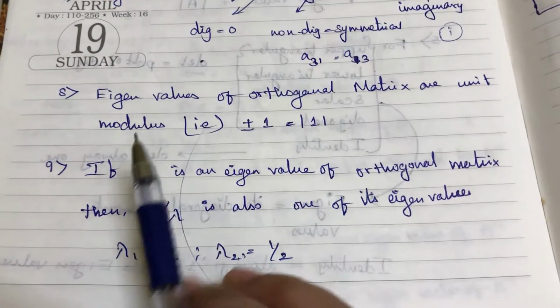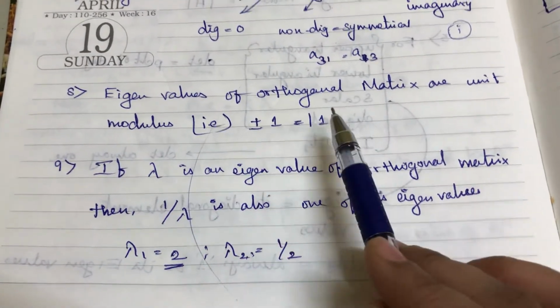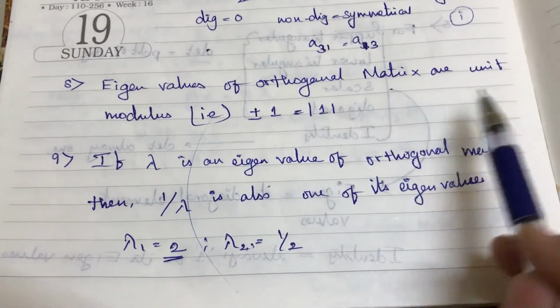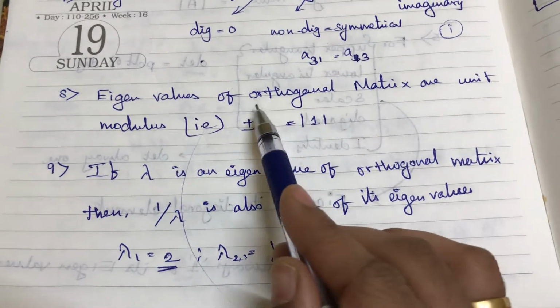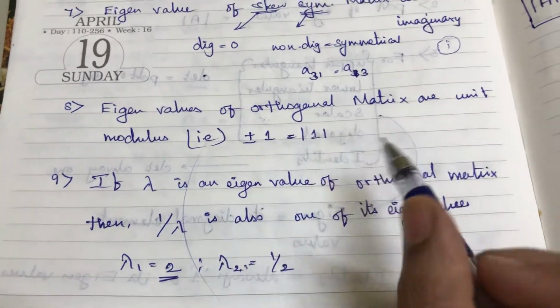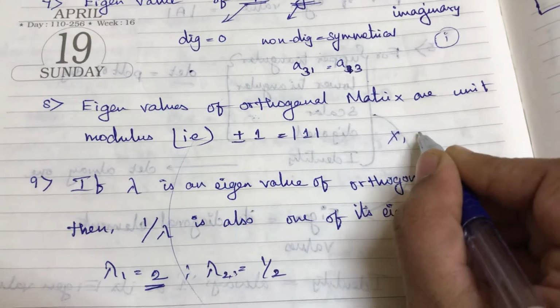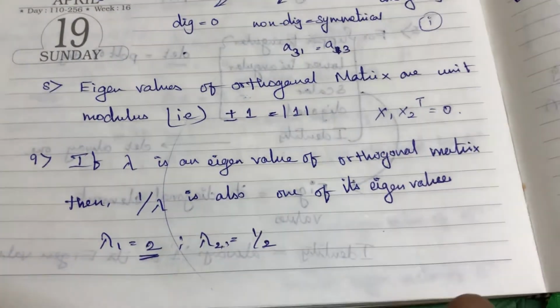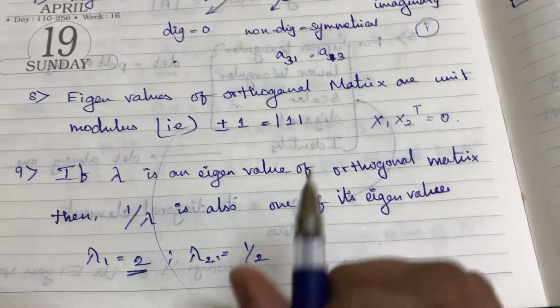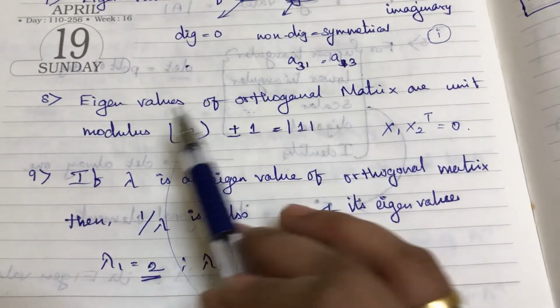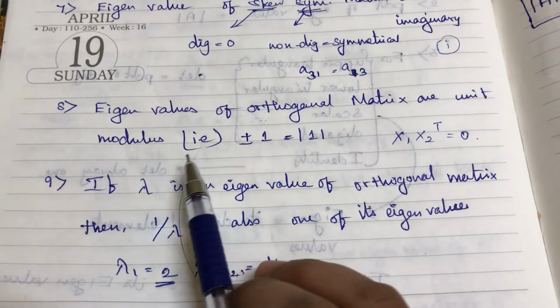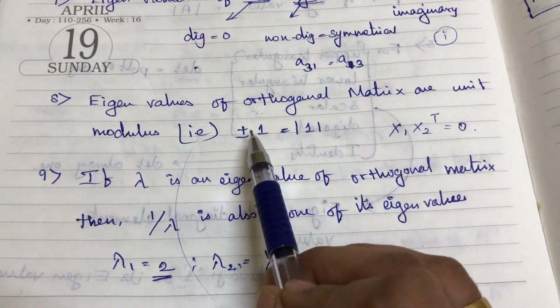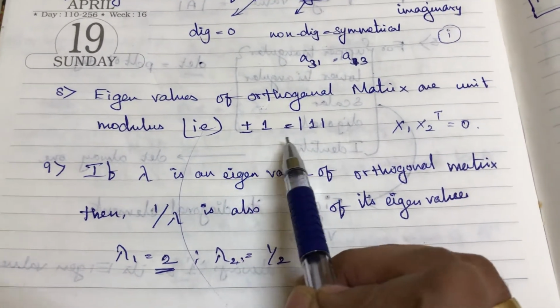Then the 8th point: eigenvalues of an orthogonal matrix are of unit modulus. A matrix is said to be orthogonal if x1 into x2 transpose equals 0. For an orthogonal matrix, the eigenvalues have modulus 1, that is, plus or minus 1.